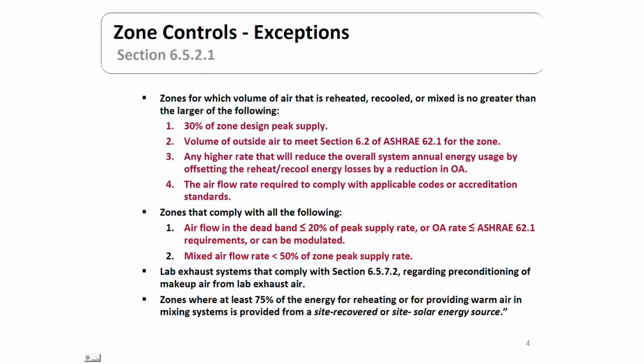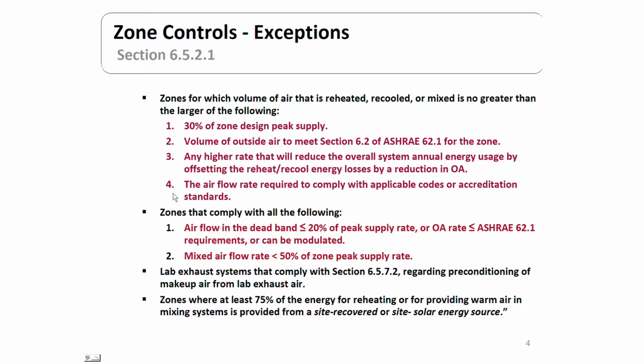Exceptions to this, and there are many: zones for which the volume of air that's reheated or recooled or remixed is no greater than the larger of the following, and they list 4 different categories here that can be reasons for not having to use the zone controls.